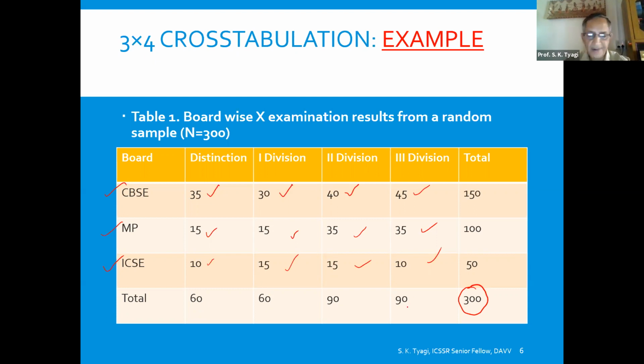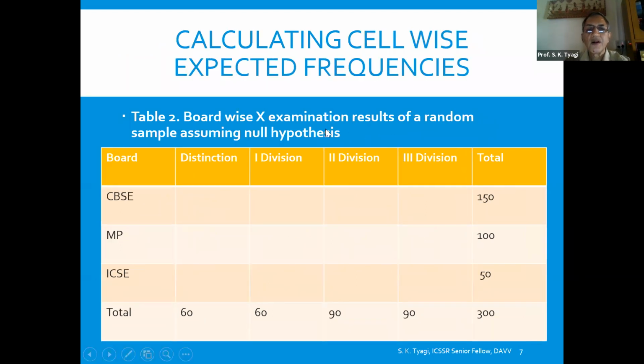So this is the data. Let us see how to calculate the expected frequency, and then we will do it using SPSS. This is the board-wise 10th examination result of a random sample, assuming the null hypothesis.